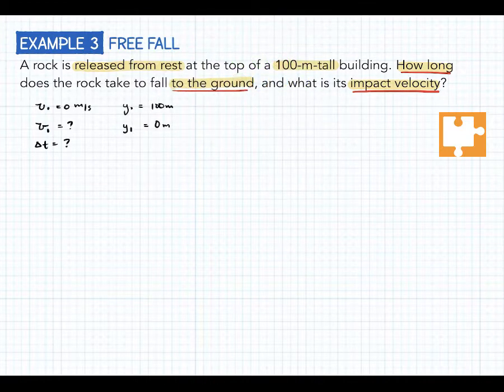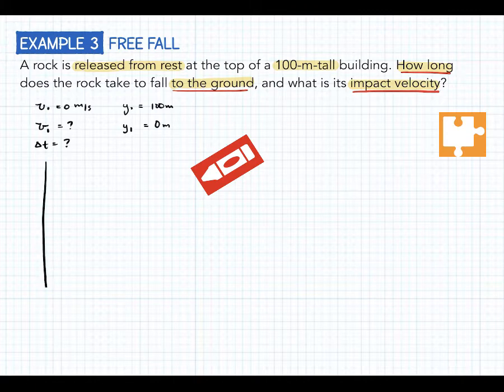In order to draw a picture, we're going to start, this is going in the y direction, so we'll draw a y-axis. So this is y in meters. We know that this is going to start at the top of a building, so we'll call that 100 meters. And it's going to end at 0.